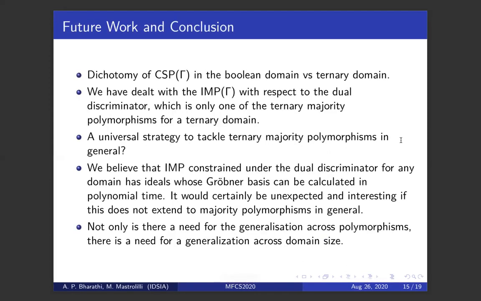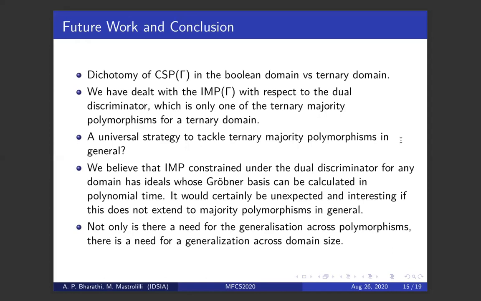So to conclude, the journey of proving dichotomy theorems for CSP of gamma took almost 30 years to go from the Boolean domain to a 3-element domain. So establishing the complexity of IMP-D of gamma for a 3-element domain might not be trivial at all. So we started by taking the dual discriminator, which is believed to be a good starting point in majority operations.